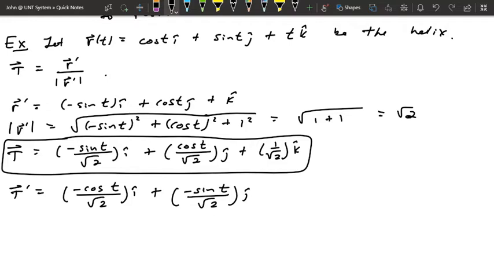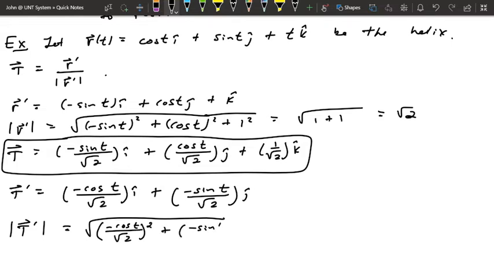And the length of T prime, okay, so sine squared plus cosine squared is 1. And then pull out the 1 over root 2. So if you factor out the 1 over root 2 squared, then it's that times cosine squared plus sine squared, which becomes 1 over square root of 2.